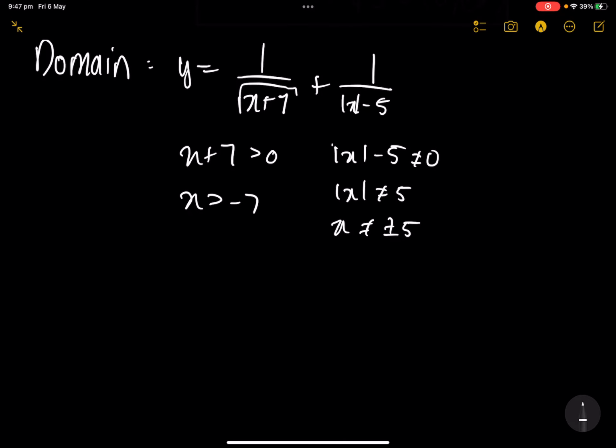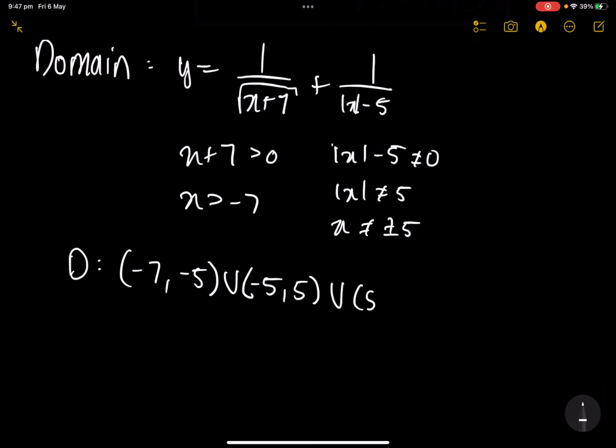If we put this in interval notation, the domain would be -7 to -5, then continue again, -5 to 5, continue again, 5 to infinity.